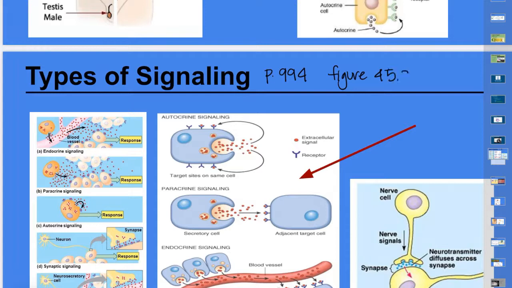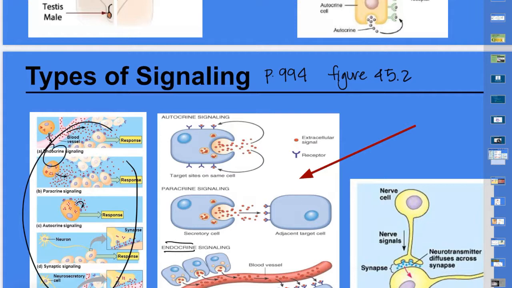So what I want you to do is turn to page 994 in your textbook and see figure 45.2. It's actually this figure right here, except it's a little too small to see in your notes. Then fill out the table in your notes.